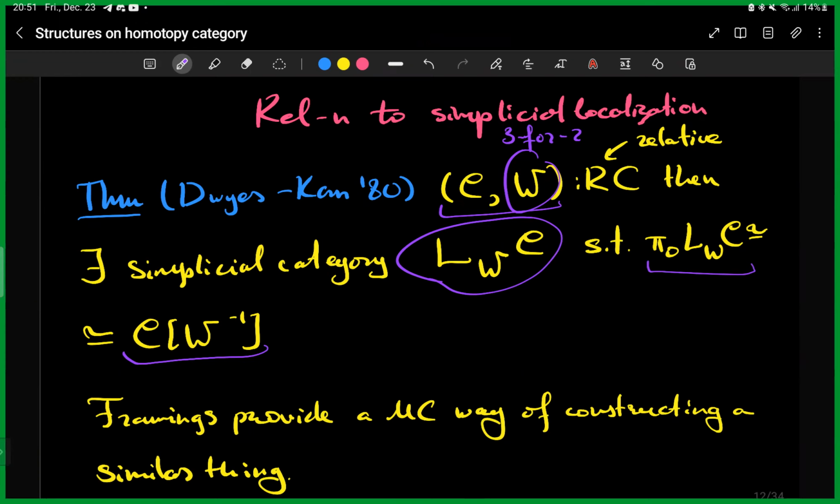Of course, if we have pi0 of a simplicial category, then at least it becomes tensored over the homotopy category of spaces.